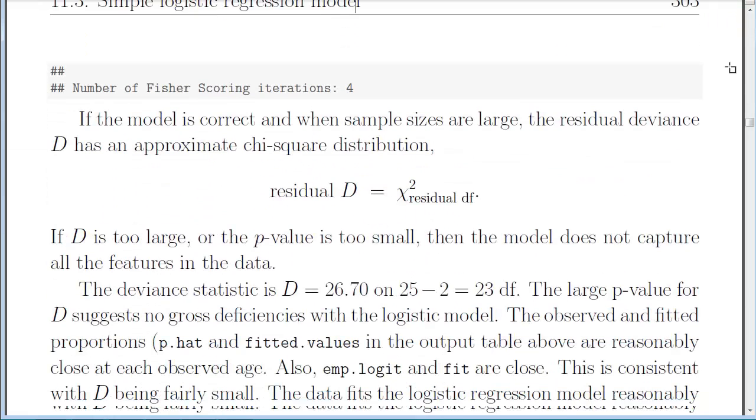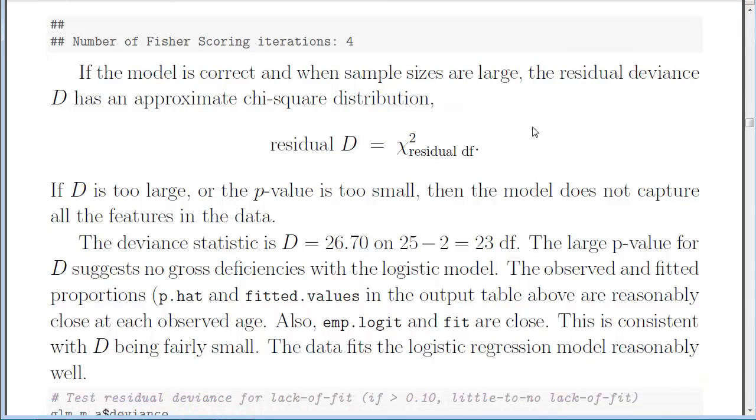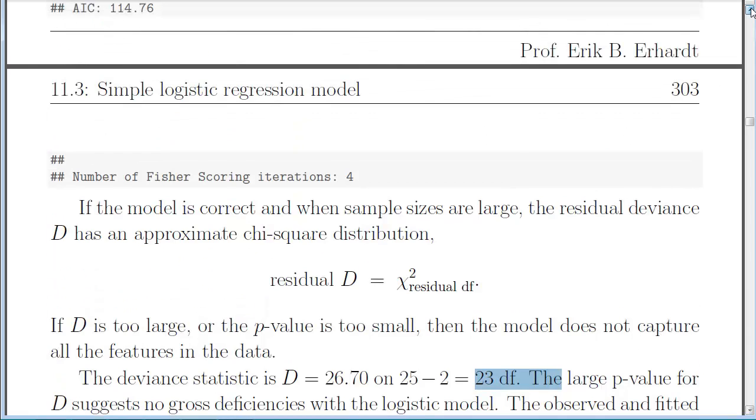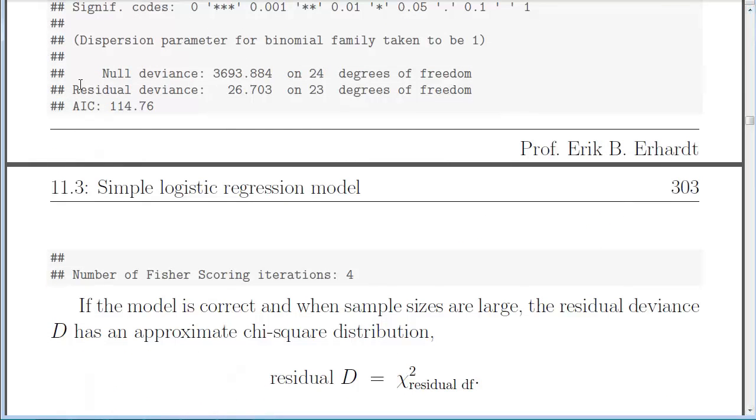All right. Finally, let's test whether our model seems to fit the data using the deviance statistic. I've got the deviance statistic of 26.7 with 23 degrees of freedom, and we read those right off here for the residual deviance.